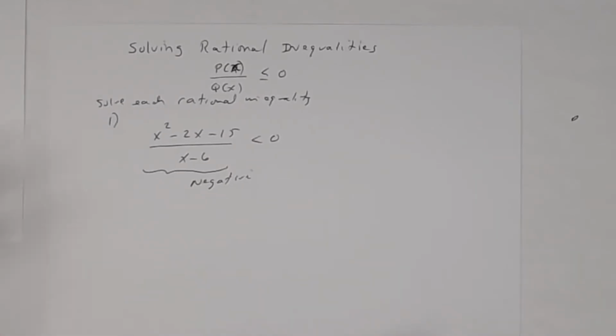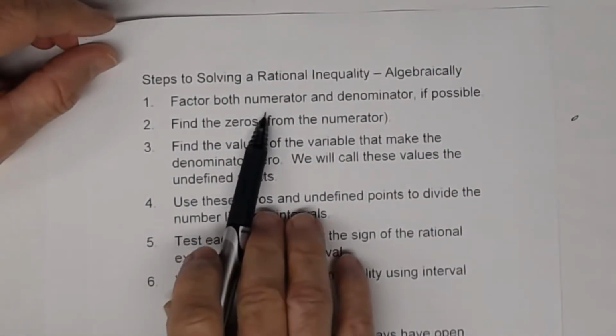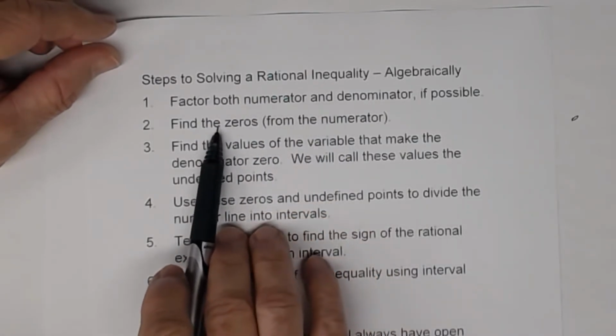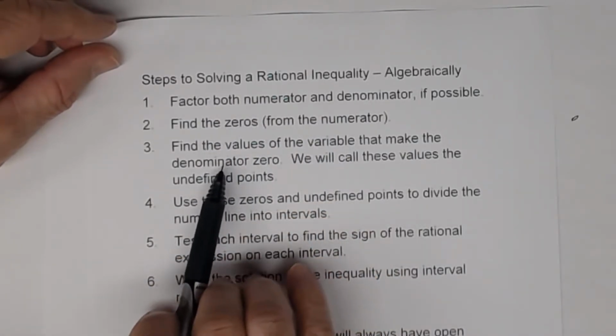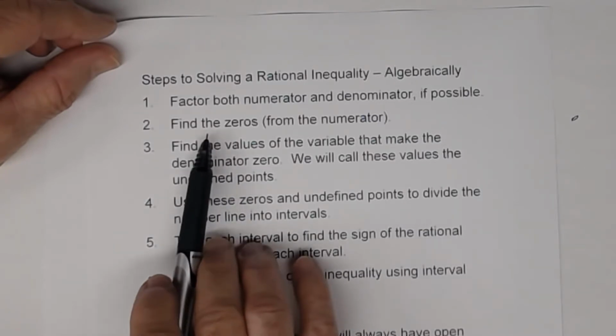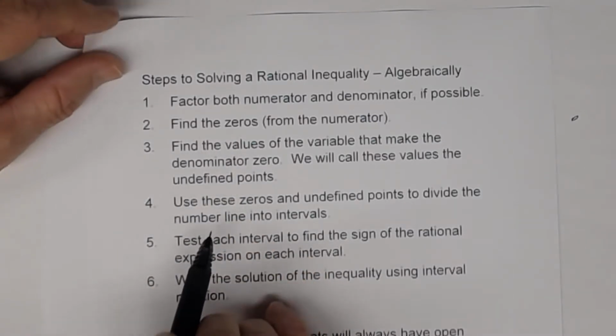Okay? All right, so the first step you're going to do is this. You're going to factor both numerator and denominator if possible. And then you're going to find what we call zeros and what we call undefined points. So there are two things you can be looking at.